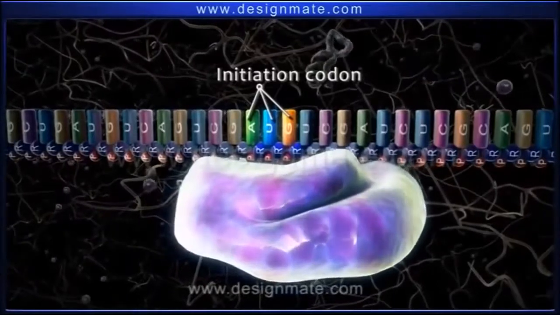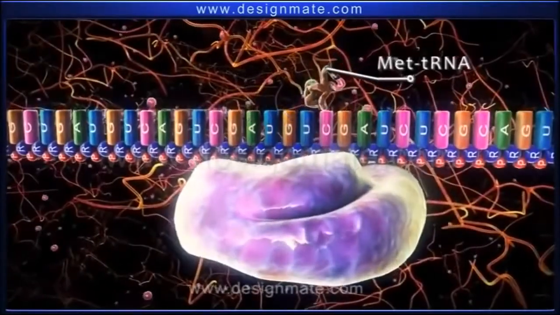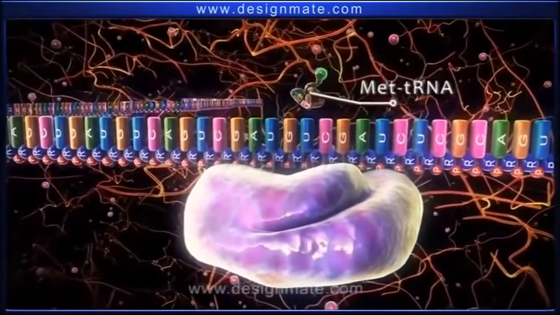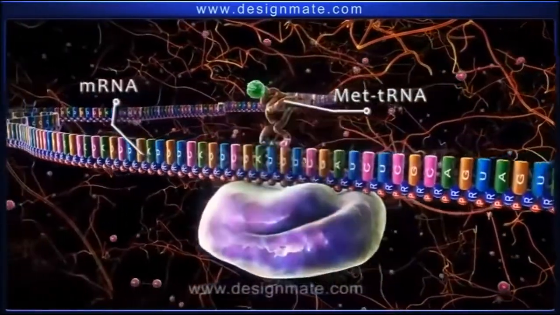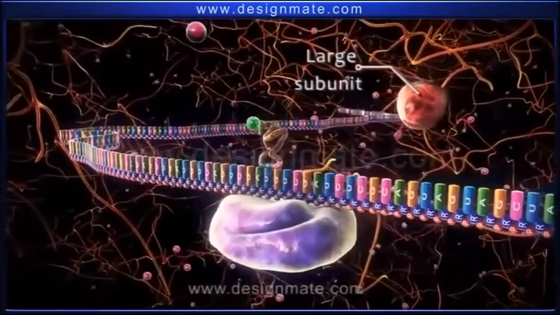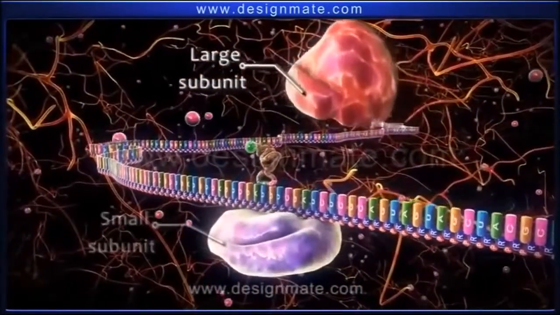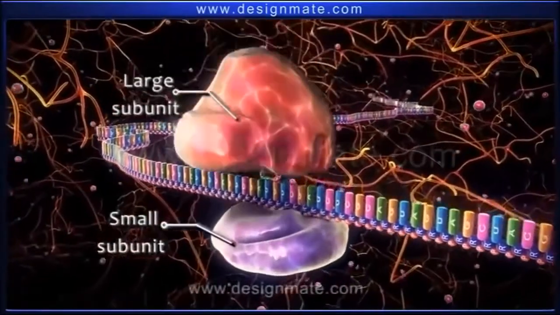At this point, MET-tRNA possessing the anticodon UAC pairs up with the AUG codon of the mRNA. Then a large subunit of the ribosome combines with the small ribosomal subunit.